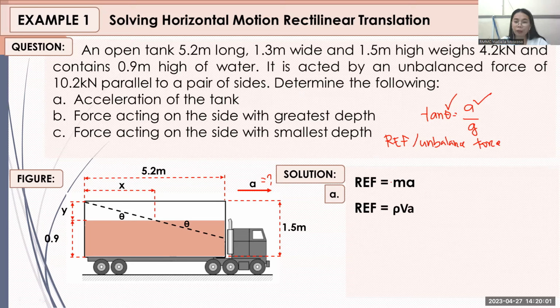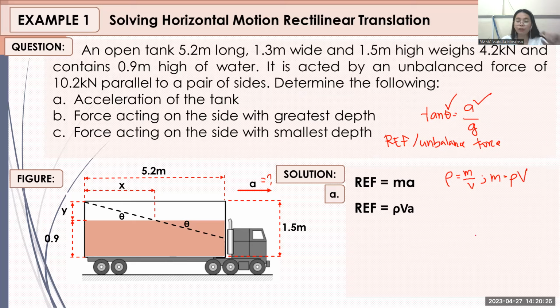O, paano ito naging ito? Bakit mass density times volume times acceleration? It is because fluid man to, water man tong nasa loob ng tank natin. So we know that mass density is equals to mass over volume. Okay, laruin natin, i-derive natin in terms of mass. Therefore, your mass is equivalent to mass density times the volume.